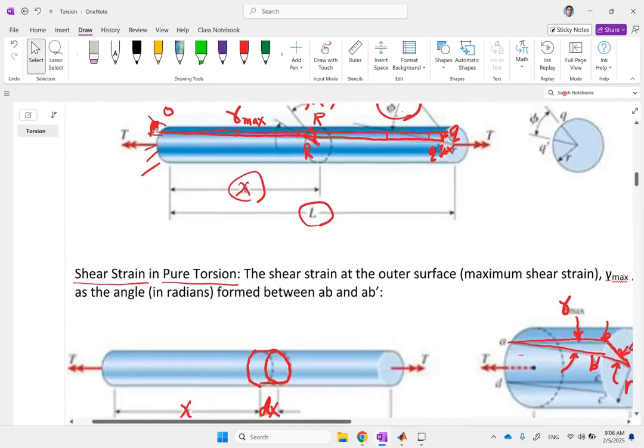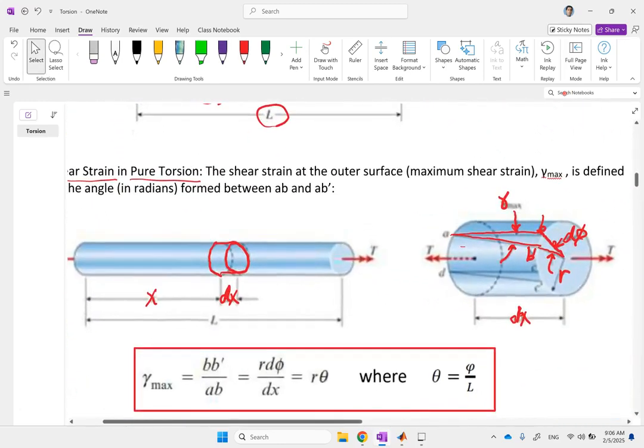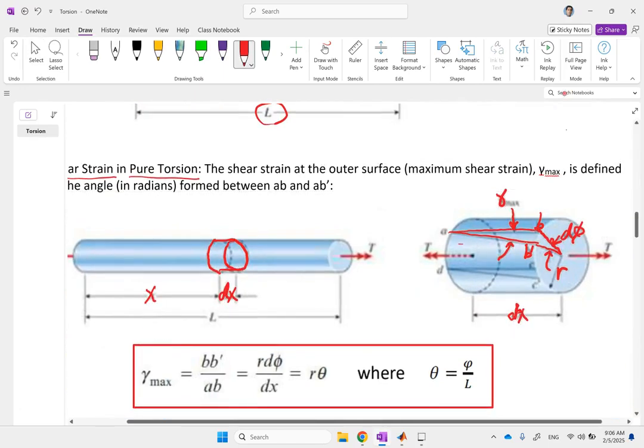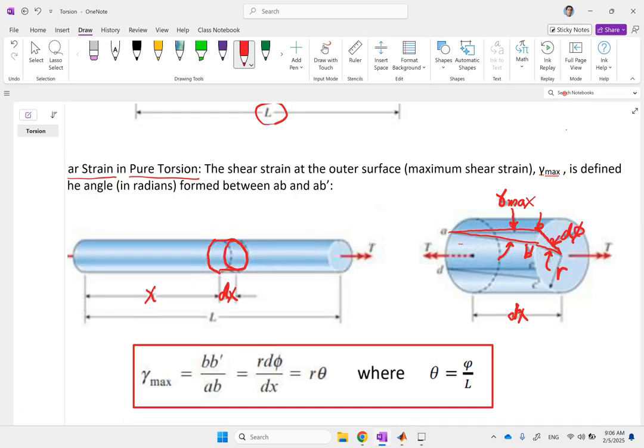Okay? Now, what is gamma max? Clearly, you can see that if I want to calculate gamma max in this case, because it's a small angle in radians, it's equal to the length of this arc, BB prime, divided by the original length, which is AB. Now, how much is AB? It's the same as dx, of course.